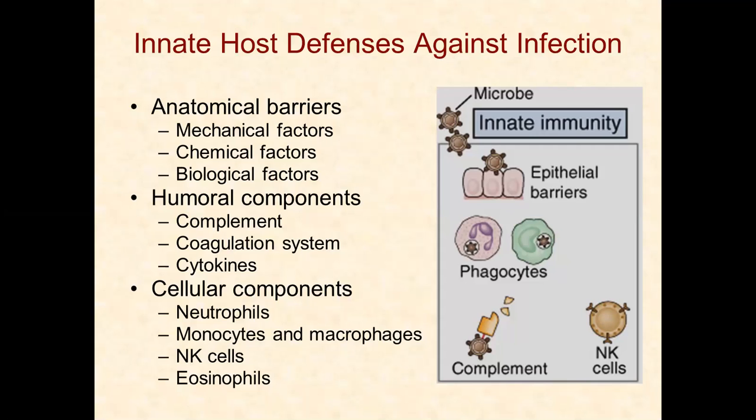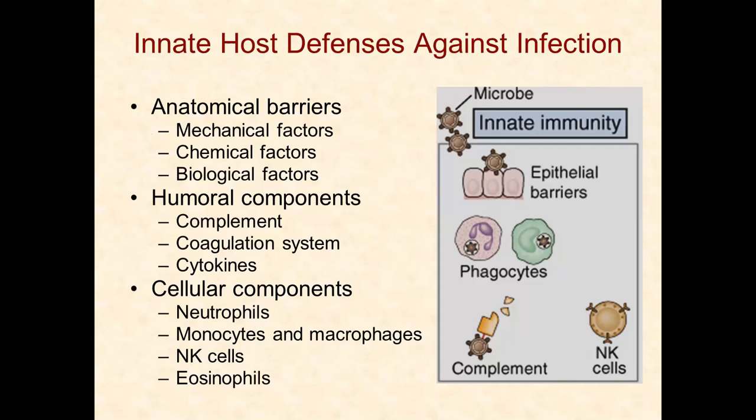And innate immunity includes anatomical barriers with some mechanical, chemical, and biological factors in it, the humoral components present in the serum, like complement, coagulation system, cytokines, interferons, and cellular components.